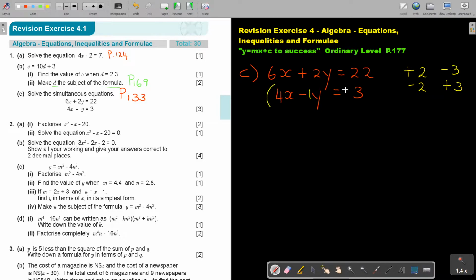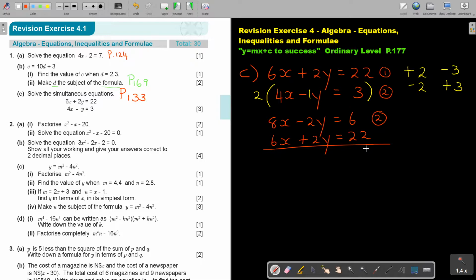But if I take this whole equation, don't put the bracket there, put it there at the end, and I multiply it by 2, then I'm going to get 8. Okay, let's call this 1 and 2. Then I'm going to get 8x minus 2y is equal to 6, and that's still equation 2. And then 6x plus 2y is equal to 22.